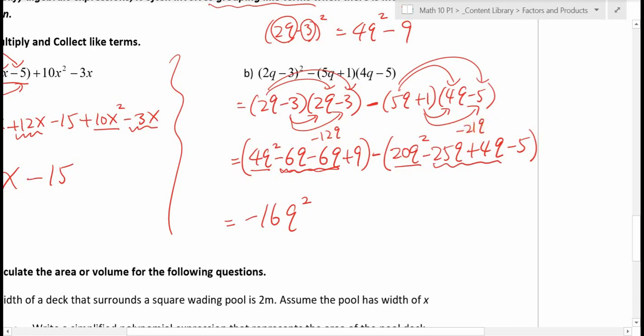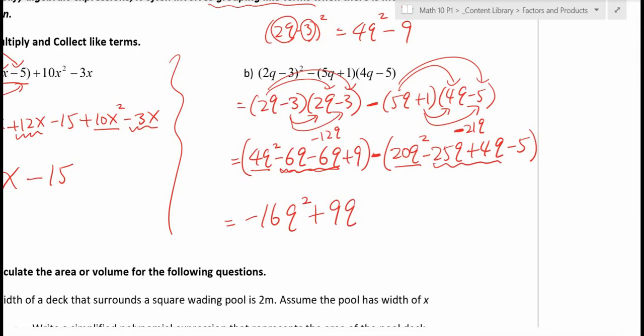But be really careful. Again, this is why we put brackets. It's minus -21q. Recall, minus negative turns into a plus. So -12q plus 21q is actually positive 9q. The reason we turn it into a plus is because we have a minus sign here and a negative sign here. When you take away a negative number, it's actually adding the positive number.